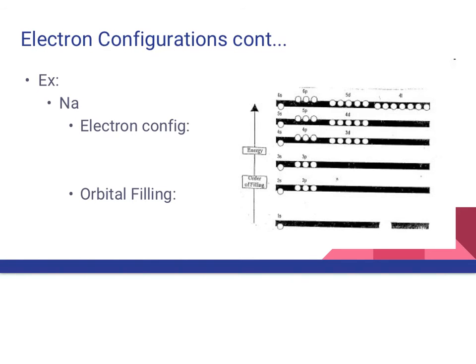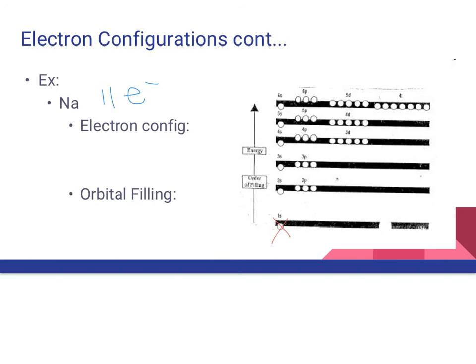In our next example, we're going to take a look at sodium, writing the electron configuration and orbital filling diagram for sodium. Again, the first thing we have to do is determine the number of electrons in sodium. If I find sodium on the periodic table, I'll see it has an atomic number of 11, which means we have 11 electrons. Once again, I'm going to start down at the 1s, and in the 1s I can place 1, 2 electrons.